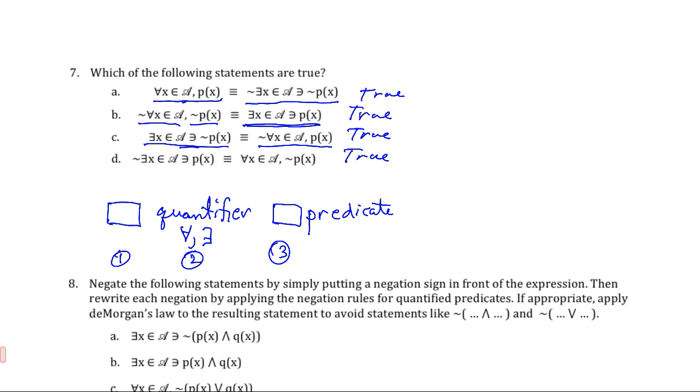Finally, for part D, it says it's not the case that somebody is wearing a green shirt, which means all of them aren't wearing a green shirt. Okay, so you can talk yourself through those, and please make sure you know how to do that.